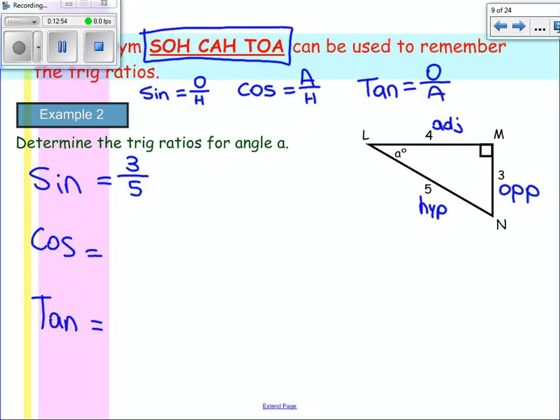And the reason why is because your hypotenuse is on the bottom. Your hypotenuse is always your biggest side. Right? Because sine is opposite divided by hypotenuse. So cos is adjacent, 4, divided by hypotenuse, 5. And tan is opposite over adjacent, 3 over 4.